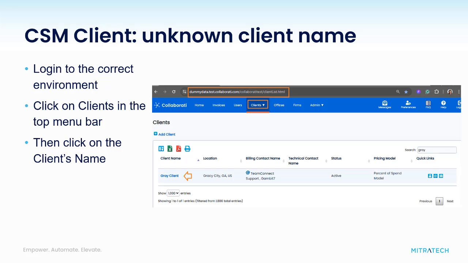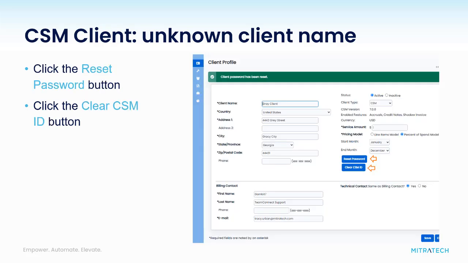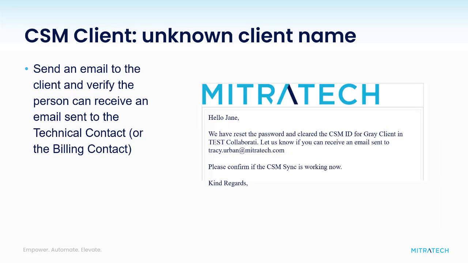So log into the correct environment, click on Clients in the top menu bar, then click on the client's name, Gray Client. Click the Reset Password button, click the Clear CSM ID button, send an email to the client and verify the person can receive an email sent to the technical contact.